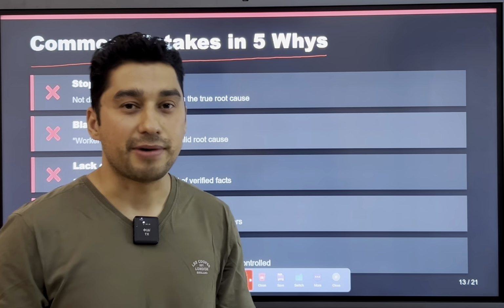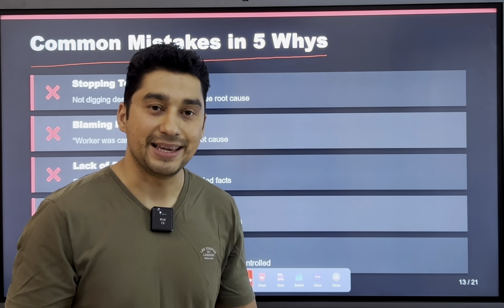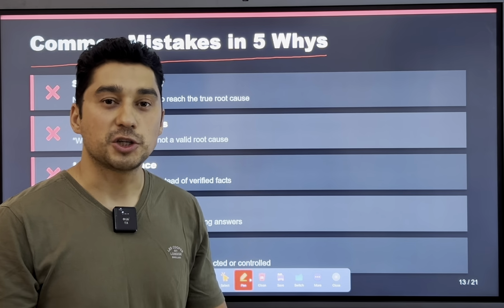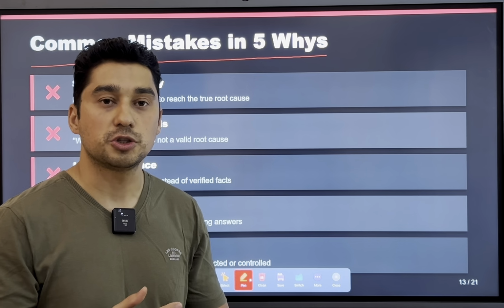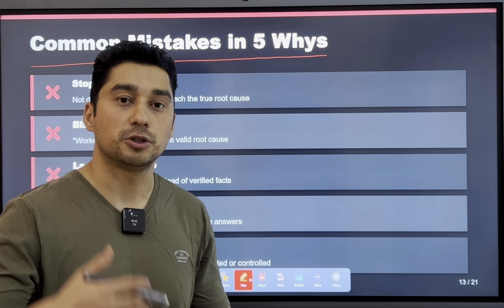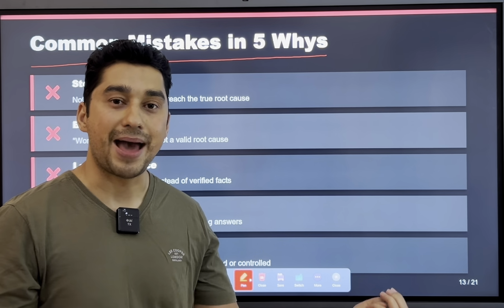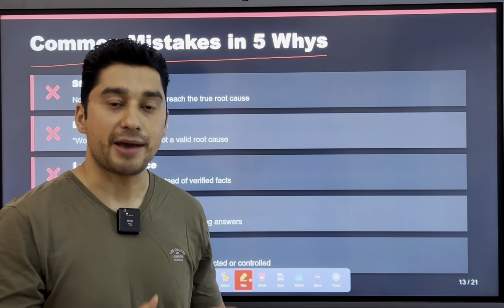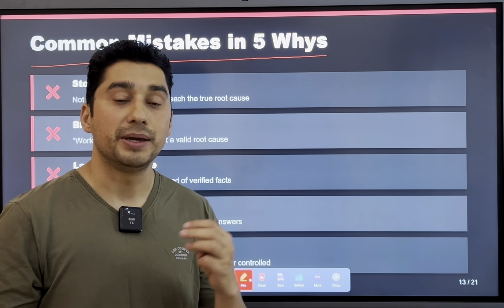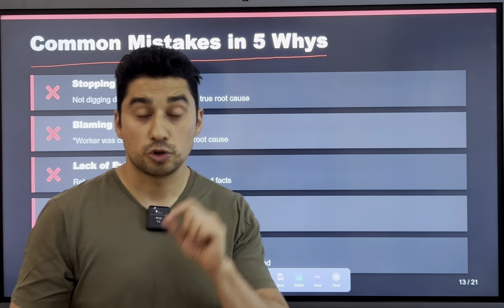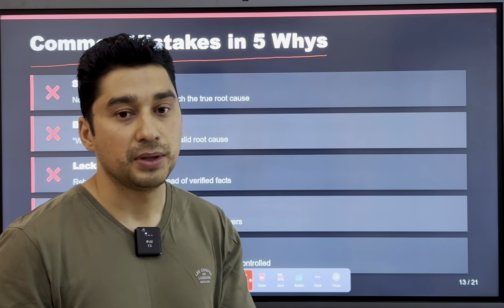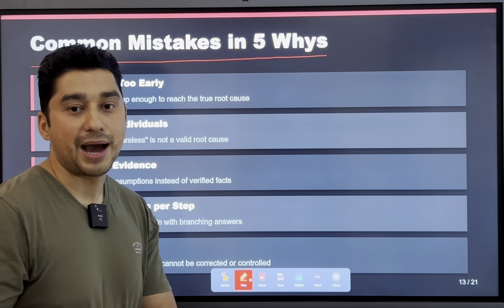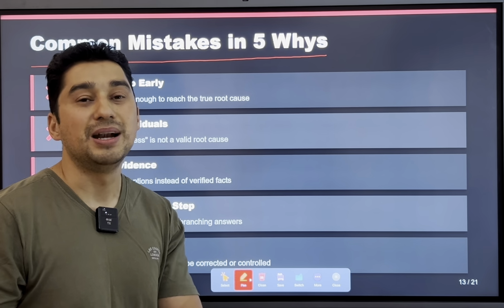Third one is the lack of evidence. Whenever you are doing any analysis, make sure you have enough evidence, because you have to present that particular thing to your management, maybe the manager, supervisor, or the senior people. If you don't have the factual data, then you will be in trouble. So never do that. And the other one, we have identifying weak or multiple causes.